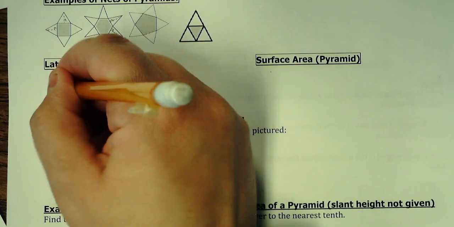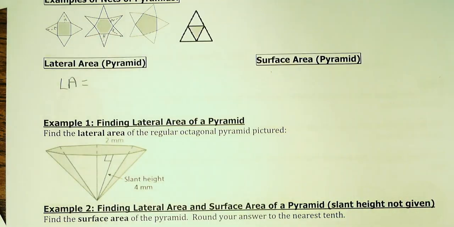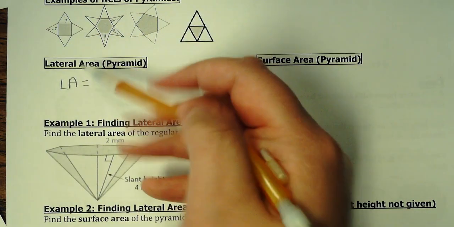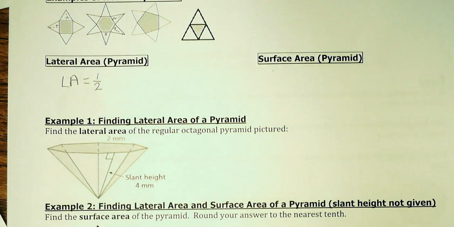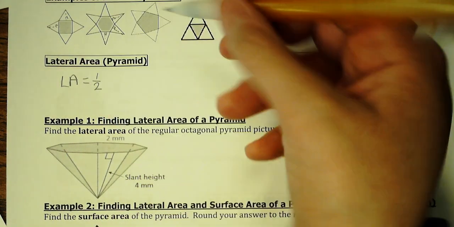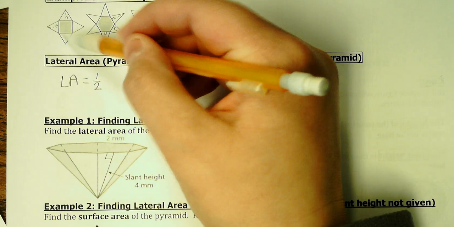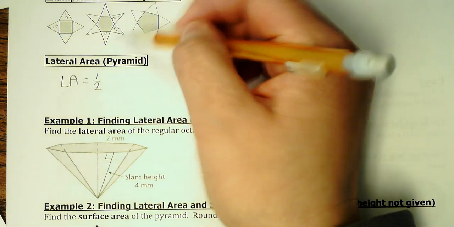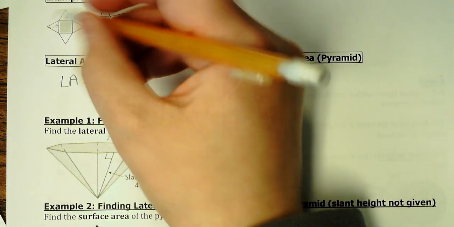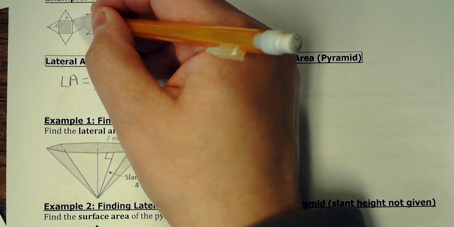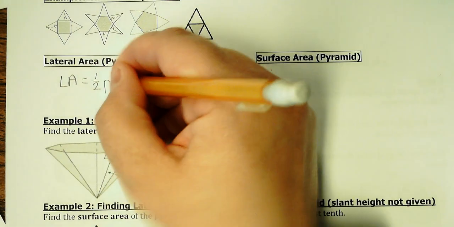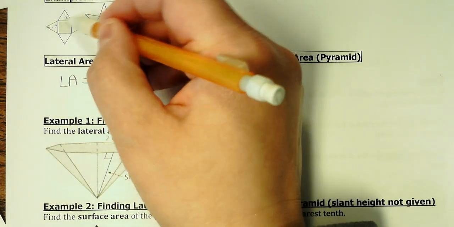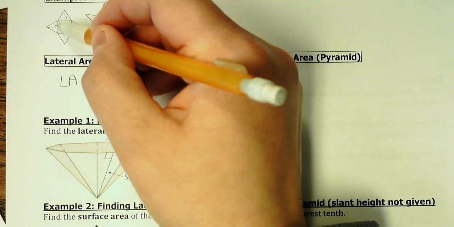All right, so your lateral area, because we're dealing with triangles here, you're going to see a 1/2. If you think about the area of a triangle for just a normal formula, 1/2 base times height. Now I want to do, as an example here, all 4 of these or all 6 of these triangles at one time. So instead of just doing 1/2 base times height for each one, if I do the perimeter of the base, that gives me the base of all the triangles.